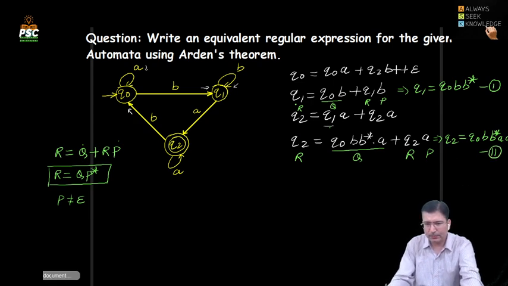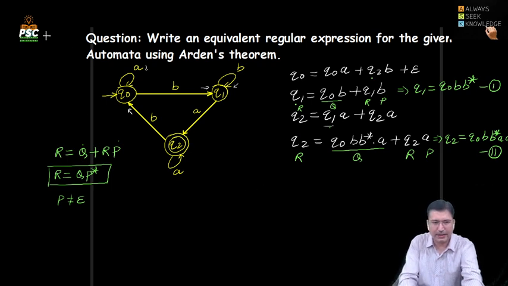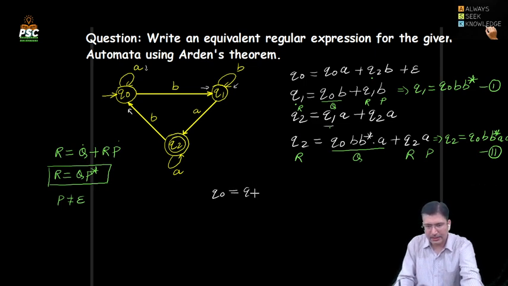Now, I'm considering this as the second equation. If we want to put this value of Q2 in this, so if I write here Q0 is equal to Q0 A is there, plus, instead of Q2, I'm writing Q0 B asterisk A asterisk, right? Followed by B, because this B is there, plus epsilon.